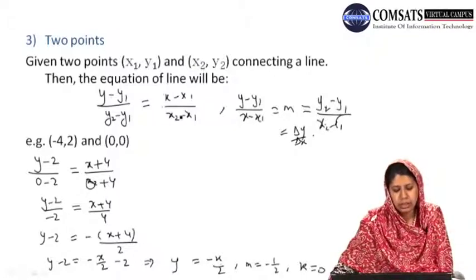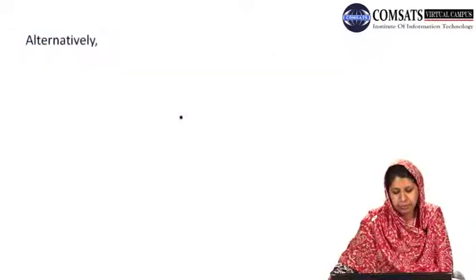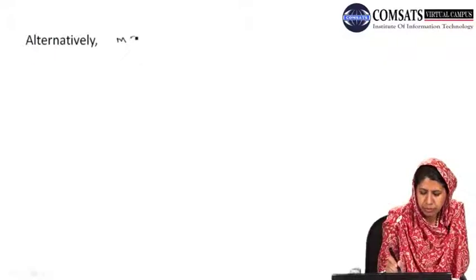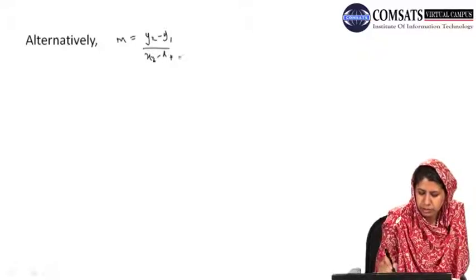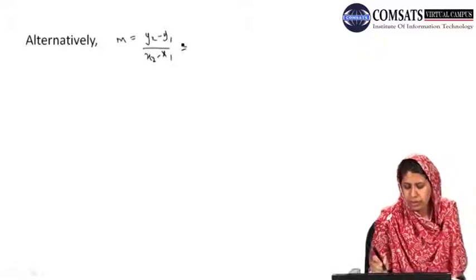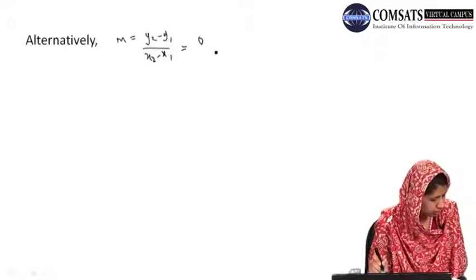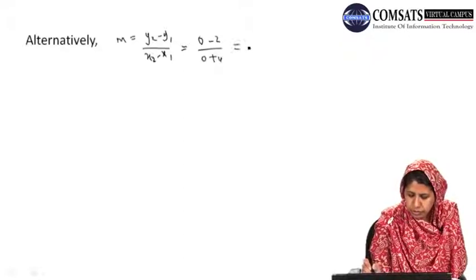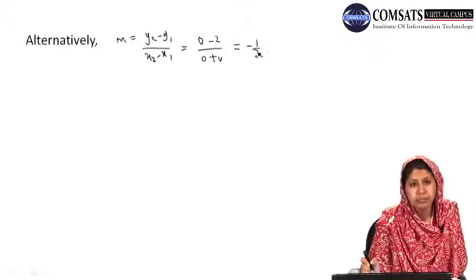Okay, now alternatively, what do we have? First we will find the slope m. M was y2 minus y1 over x2 minus x1, which is y2 was 0 minus 2 over 0 plus 4, which is minus 1 by 2.